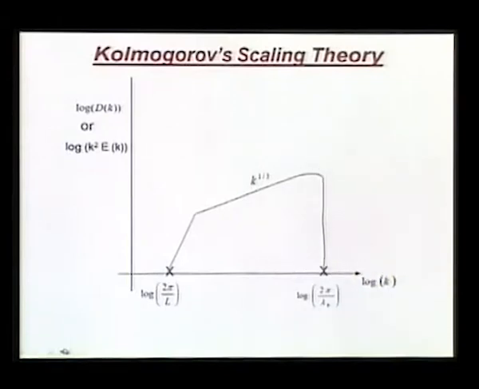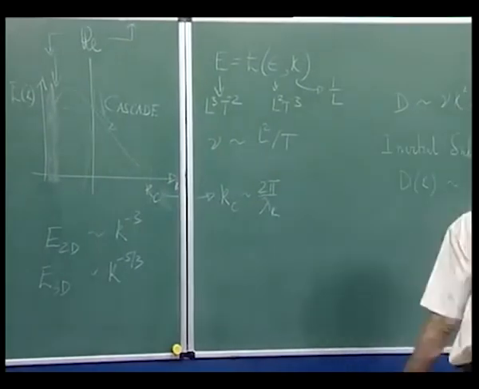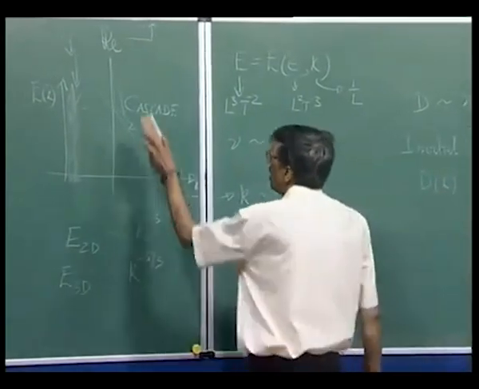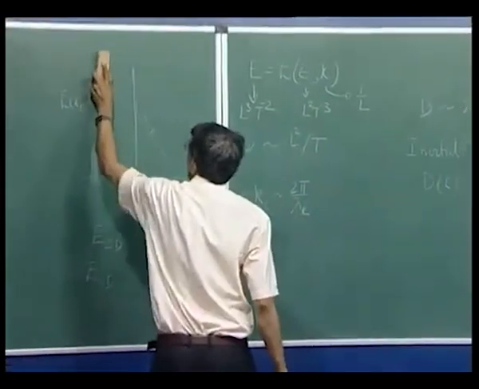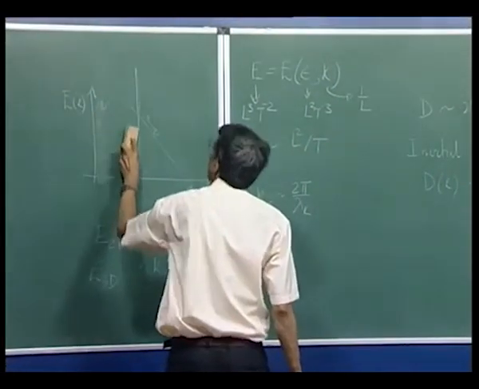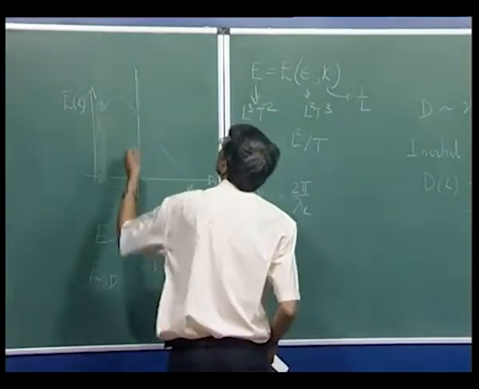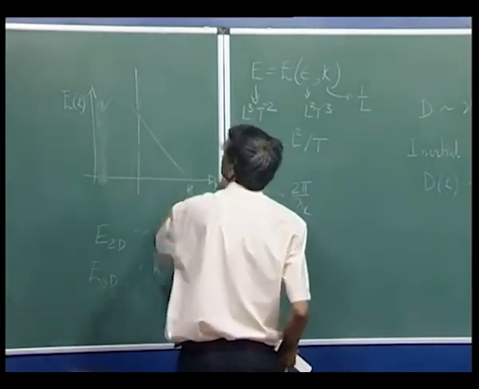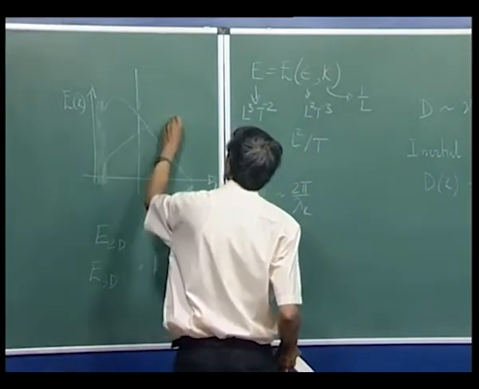So, this is a very instructive picture, which many people do not keep track of, if I plot this as E of k. So, if this is my E of k, which goes like this, my d of k goes like this.